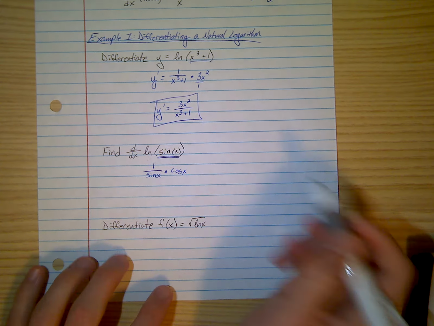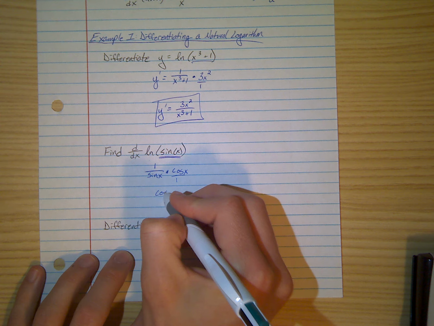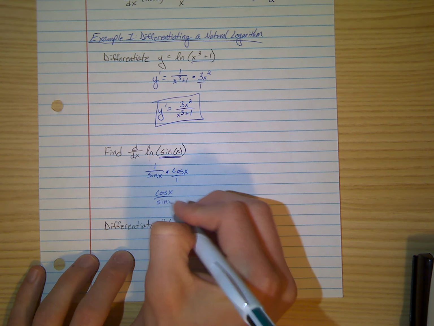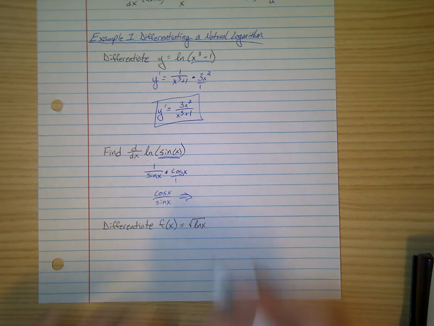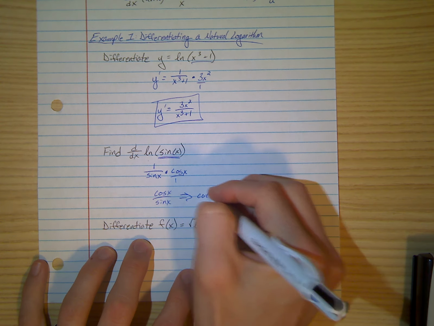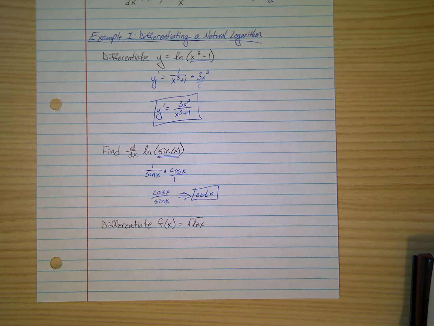And again, just combine them into one fraction. So that's over 1. So you have cosine over sine, which in this case actually does simplify. Cosine over sine, using our trig identities, is just cotangent. So the natural log of the sine of x, its derivative just equals cotangent of x.